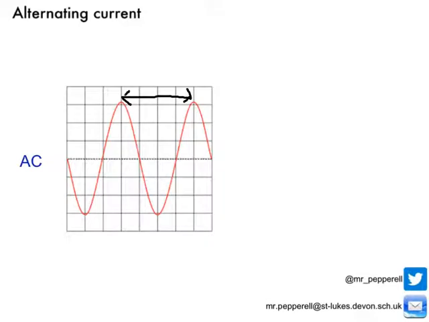So the current is continually cycling one way or the other, and the number of cycles it actually goes through every second is called the frequency, much like the number of waves per second when we talked about waves before. So the number of cycles per second is the frequency, and the same as waves, we measure frequency in hertz, denoted by the Hz there. That's the units, hertz.